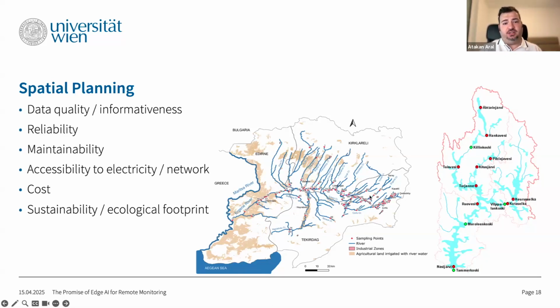And the challenge is, if we cannot detect pollutants in time, the water will be used for irrigation, and the crops will be affected. And our second use case was the Kokemäki River in Finland. And the challenge there was that there was again industry using river water, and the water itself was used as the utility water in the city of Turku.